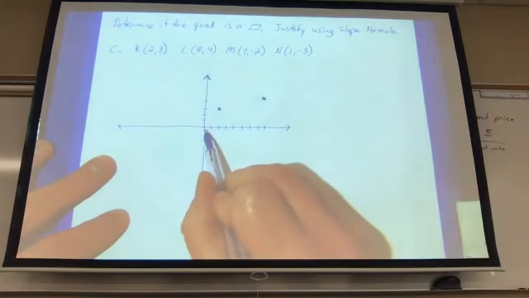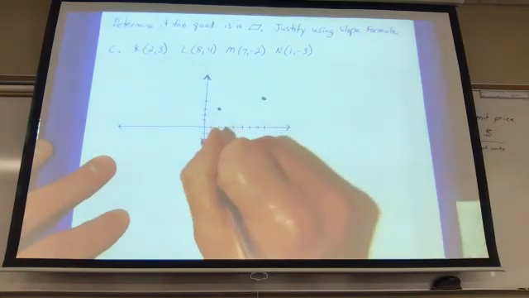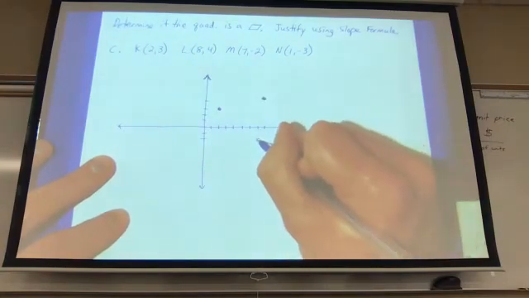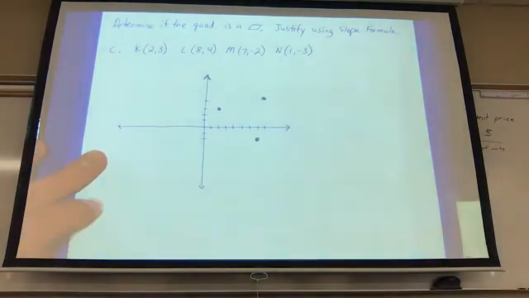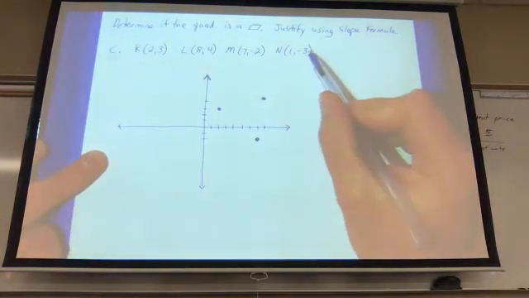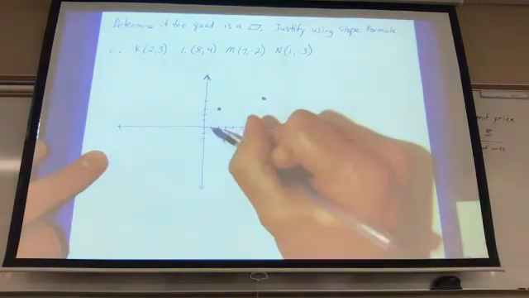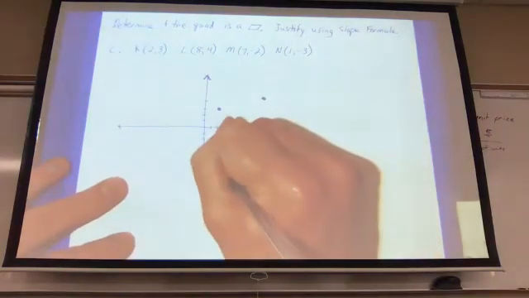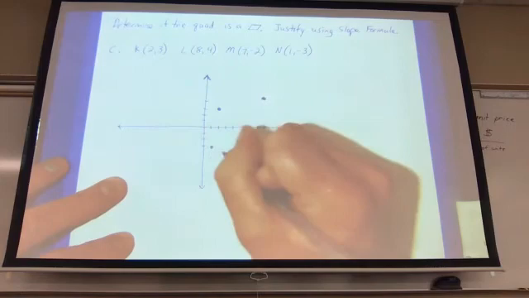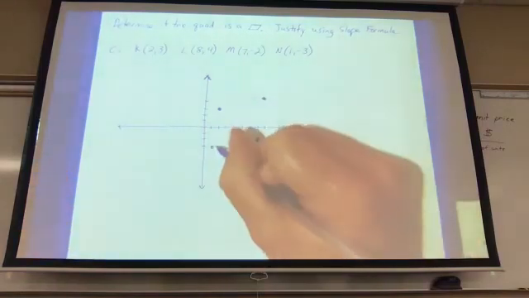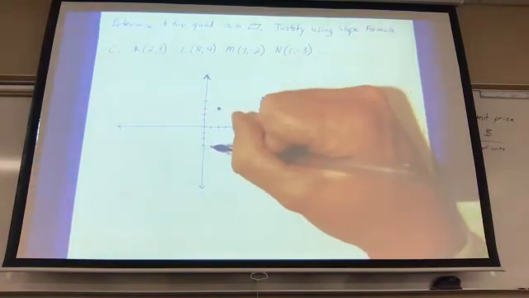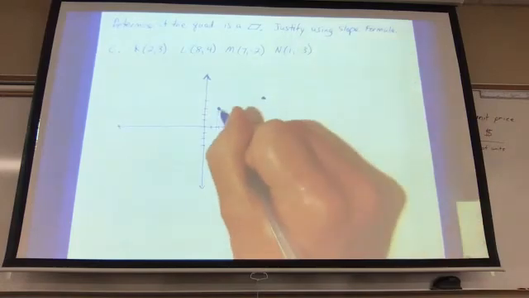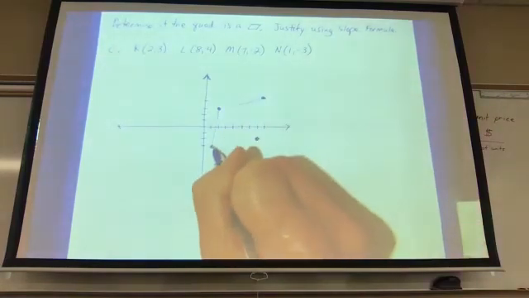That's going to take you 7 to the right and down 2. And point N is at 1, negative 3. That takes us 1 to the right, down 3. And then if I connect those 4 points, there's my quadrilateral.